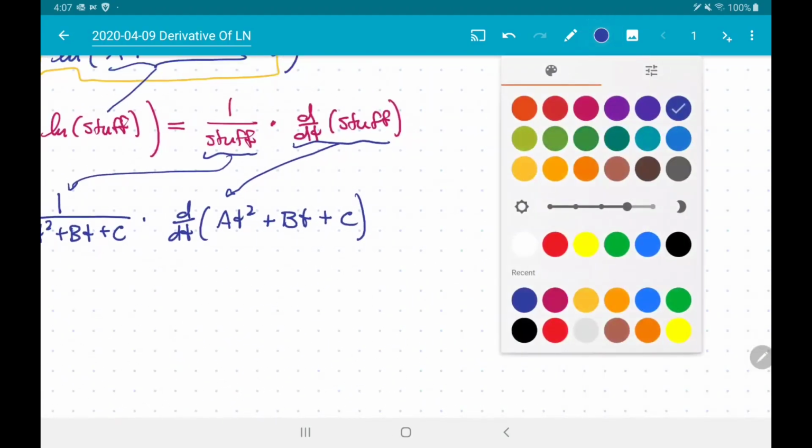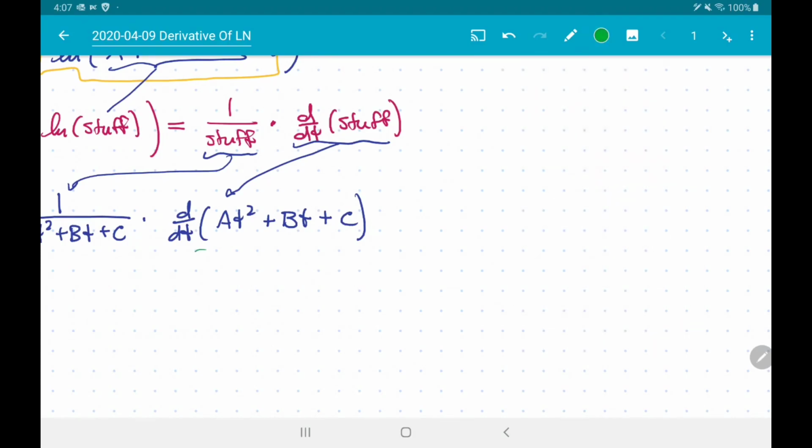Now, to give just an extra bit of explanation for this, think for a minute, what would the derivative of 5t squared plus 7t plus 3 be?